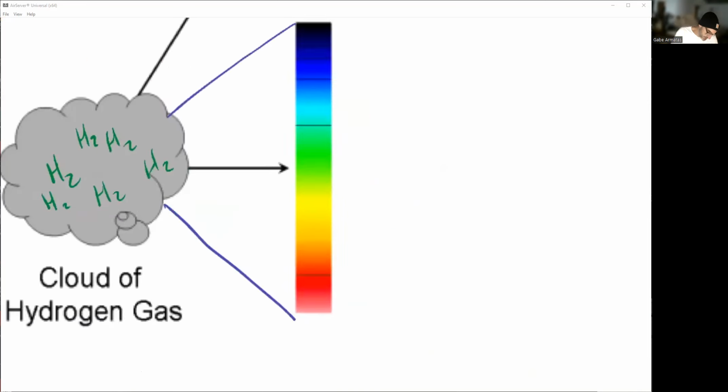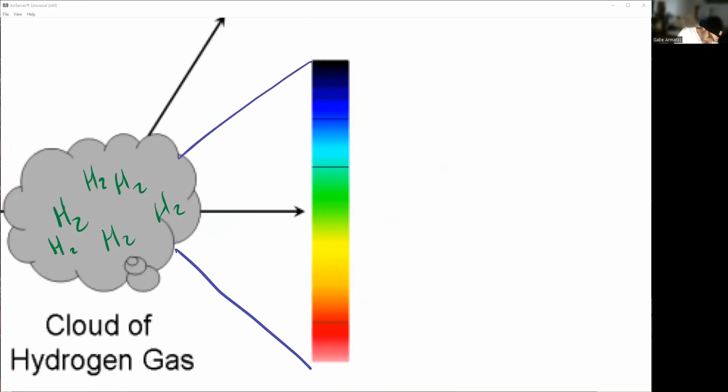What was missing were these little spectral lines right here. So we had the red all the way to blue, purple, but we are missing a bunch of lines and they actually look black. You can't see those colors.